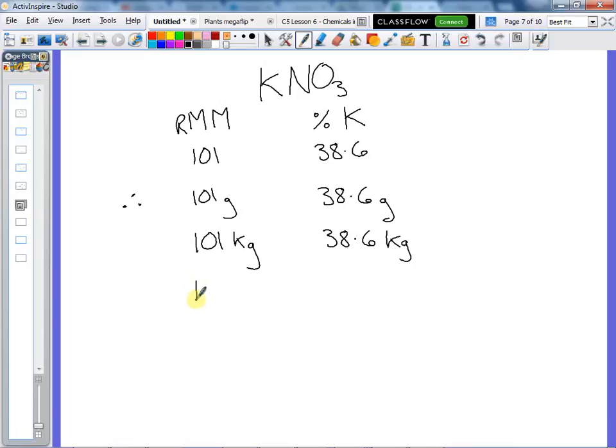If I've got 101 tons of potassium nitrate, I've got 38.6 tons of potassium. Notice that we can use this so that you look at what the units in the question are, so that you can match your answer with the same units.